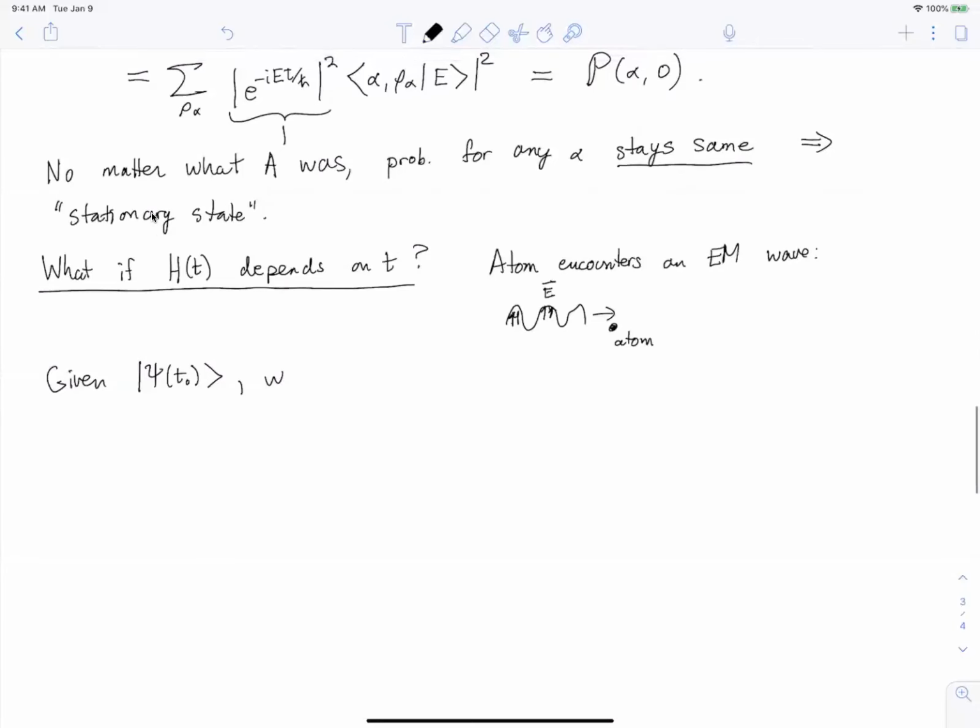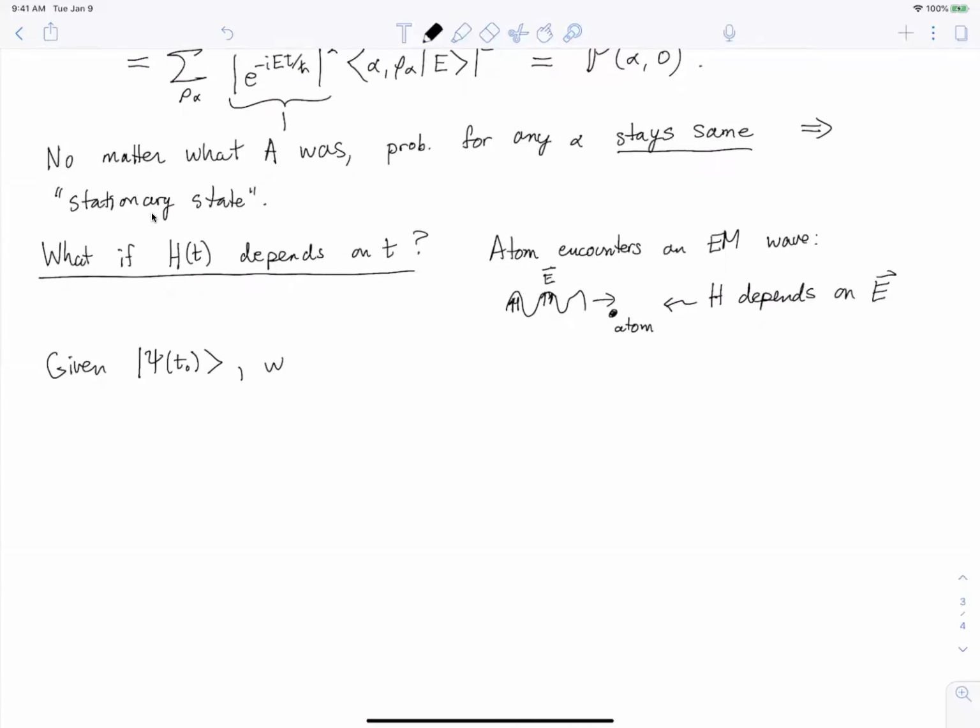So the Hamiltonian here is going to depend on the electric field of the electromagnetic wave, and electromagnetic waves have electric fields that depend on time. Right? So as far as the Hamiltonian for the atom goes, the energy that it has is going to depend on what time it is, just because the electric field depends on time. Thank you. Okay.